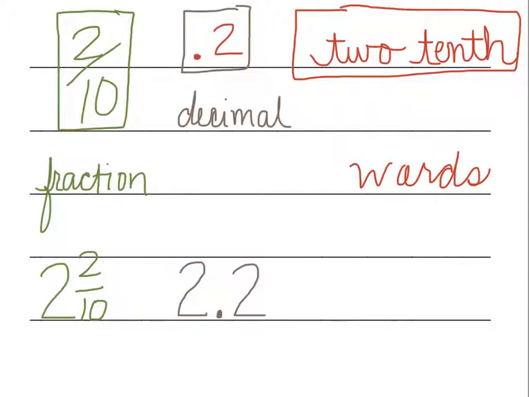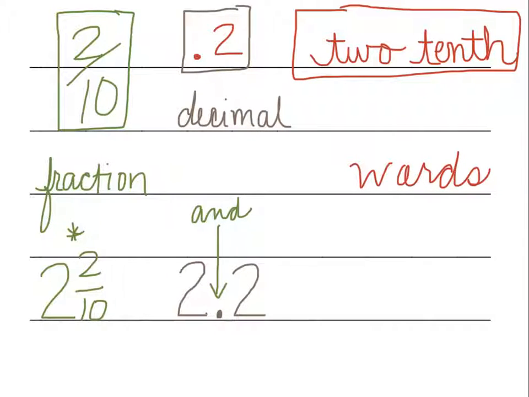Now here again, when you say that, you say 2 and 2/10. When we write it, the decimal is said as what? Hopefully you remember, because we've talked about this. It would be the decimal is your and. So we have 2 and 2/10.